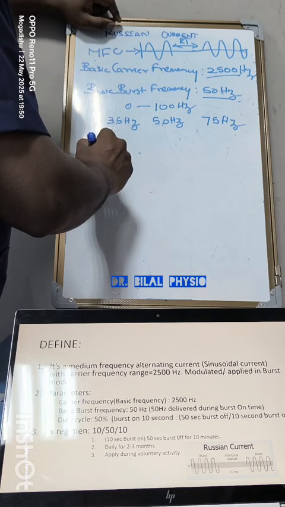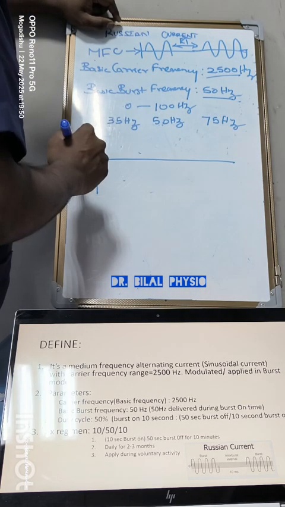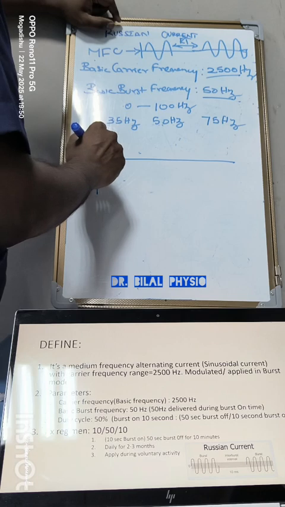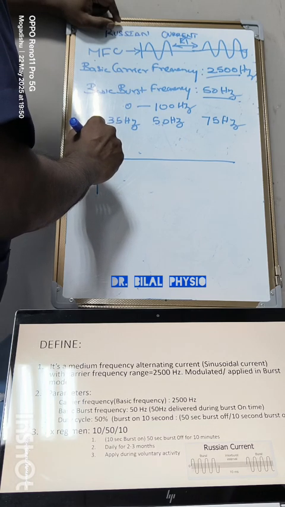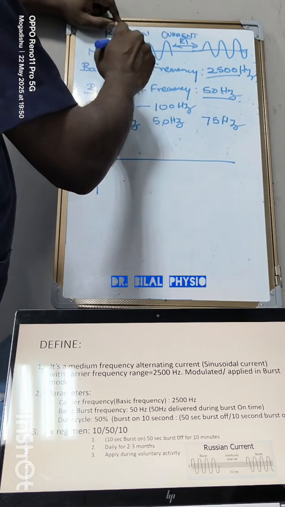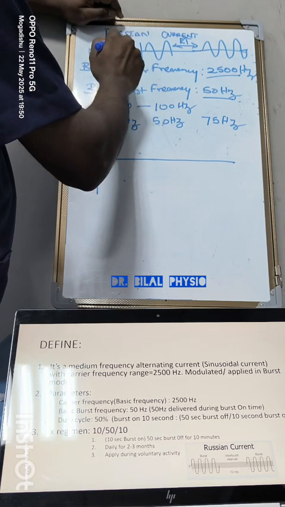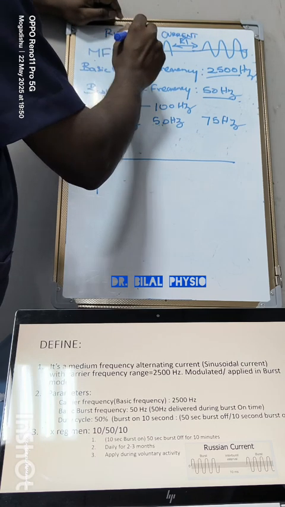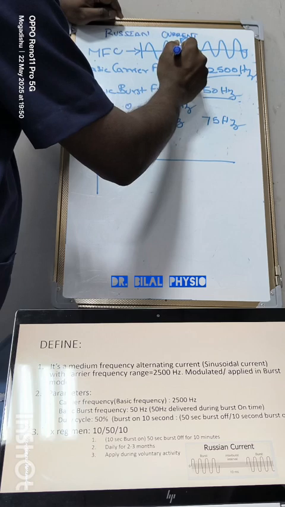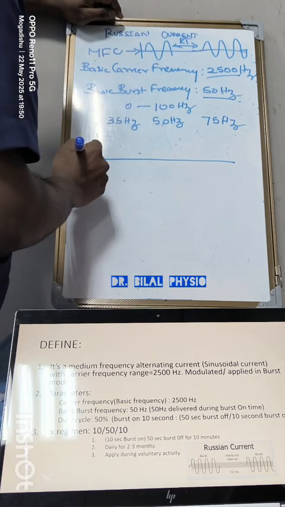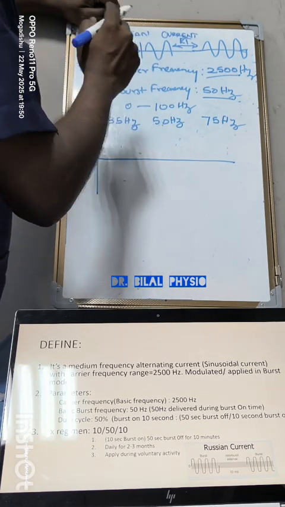So when we apply the current to the patient, as we already discussed, this medium frequency current of Russian type is applied with the interburst interval, or in a burst mode.